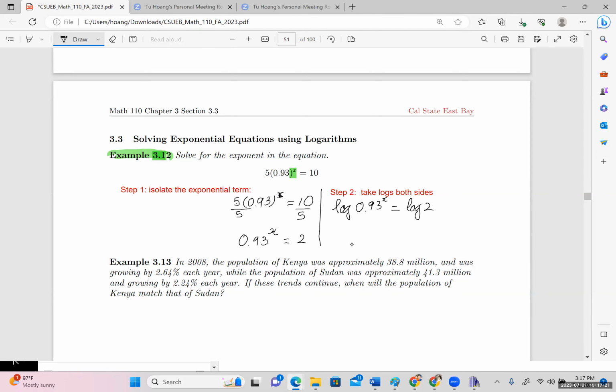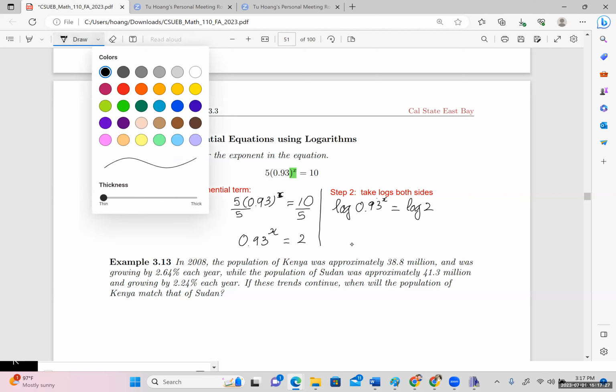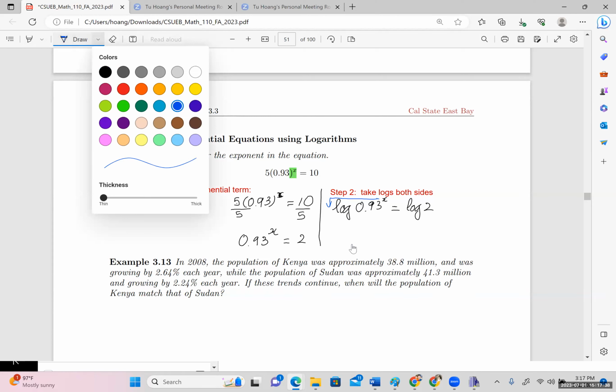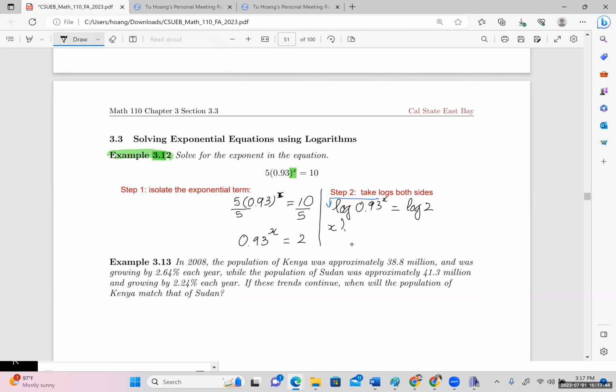The reason I do this step is so I can move the x from the exponent down to the front of the log. So it is no longer an exponent, and I have x times log of 0.93 equals log 2.